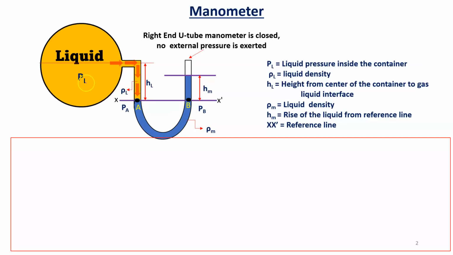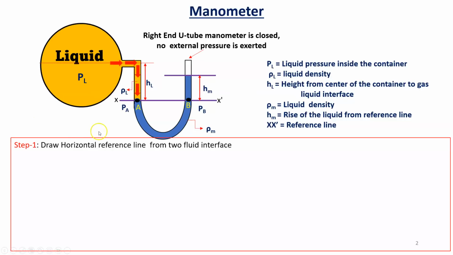As PL is very high, that liquid will push the manometric liquid, and it will rise on the right hand side, and that rise is Hm. Now how do you calculate the pressure PL?